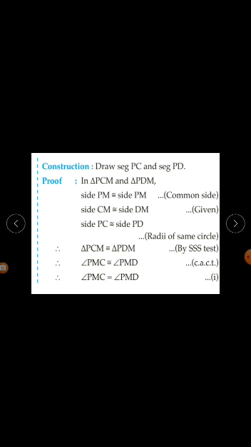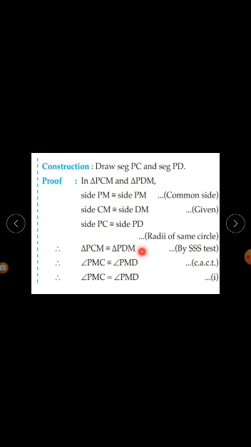So proof, in triangle PCM and triangle PDM, side PM is congruent to side PM, common side. Side CM is congruent to side DM, reason is given. Side PC is congruent to side PD, reason is radii of the same circle. Therefore, triangle PCM is congruent to triangle PDM, reason is SSS test of congruency.